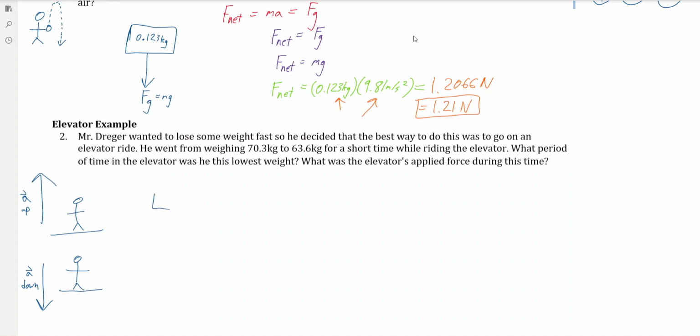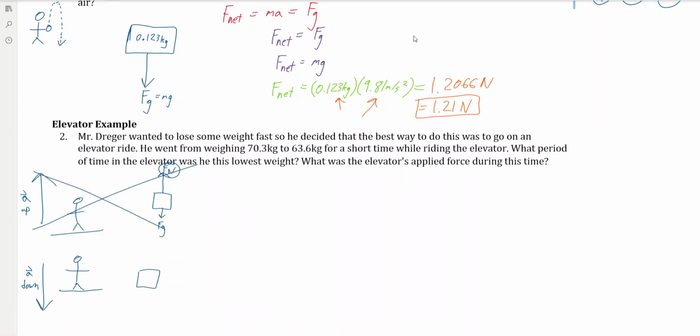So in this first part, if I'm accelerating up, that means the normal force is actually greater than the force of gravity. And we said that normal force is our apparent weight. So that's actually no good. I'm just going to make force of gravity smaller. Okay, so this one is no good because the normal force has now gotten bigger.